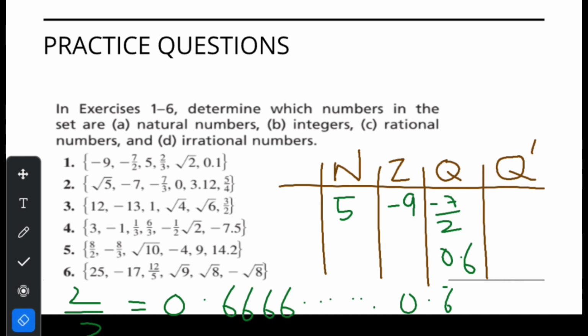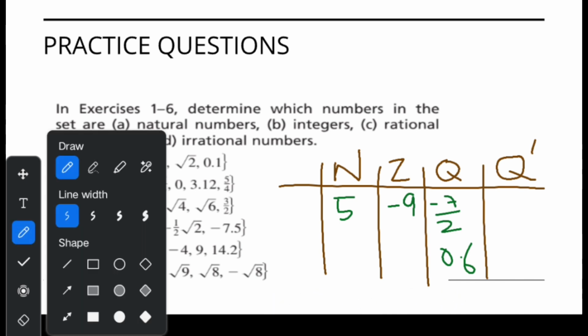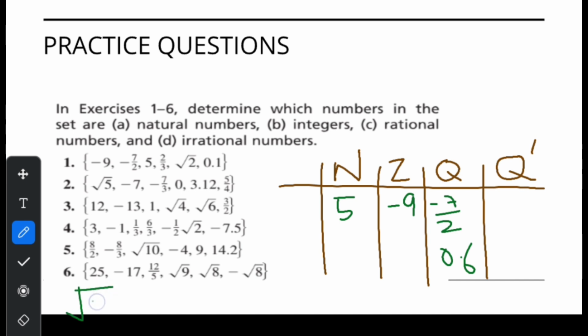Moving to the next number, which is square root of 2. When you use a calculator and check the value of root 2, you'll have several digits after the decimal which are non-repeating. Let me write them for you: 1.414, 2135, 62.